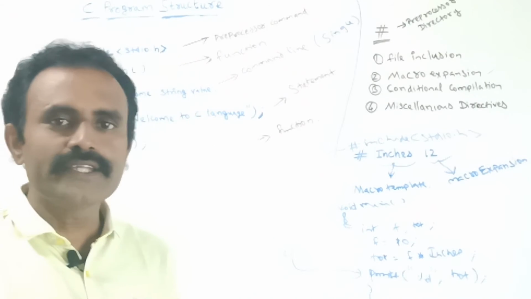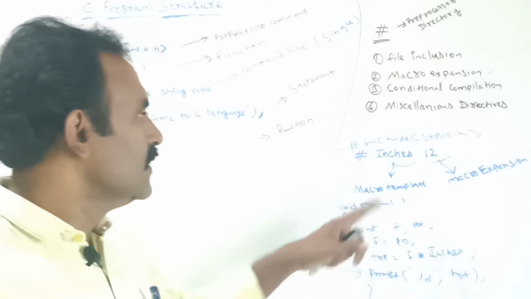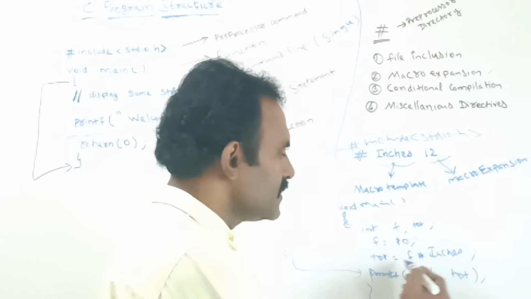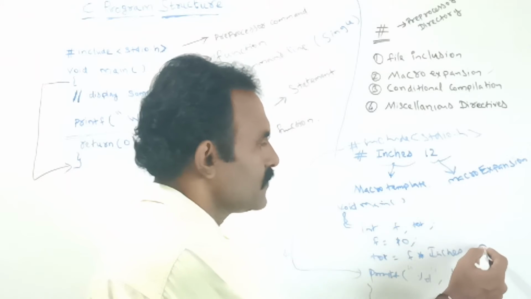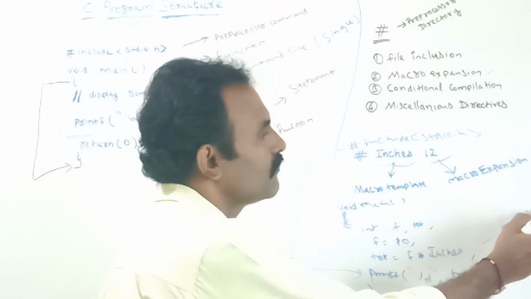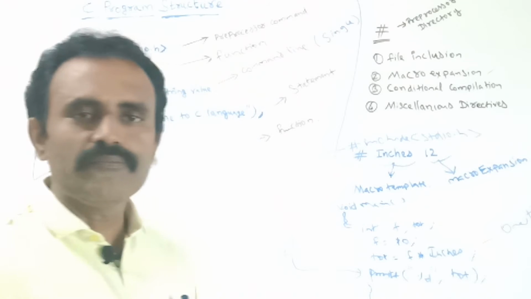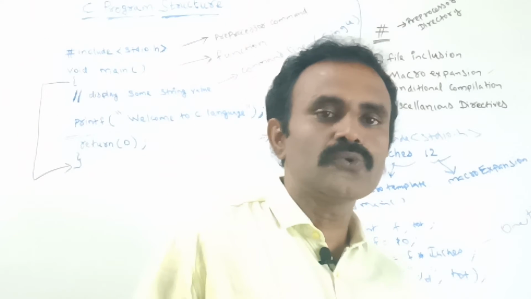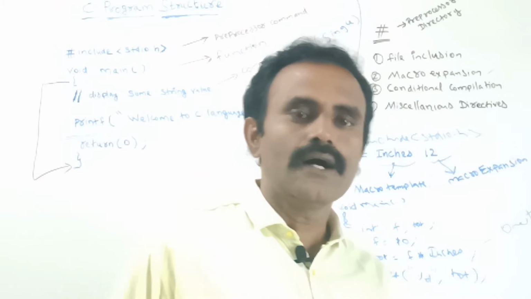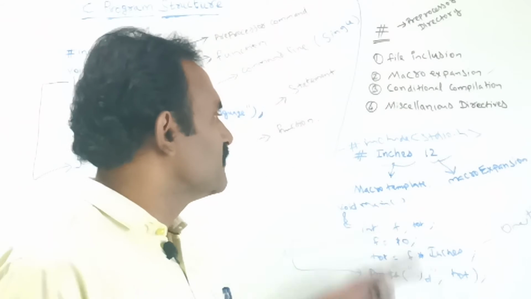If you are converting feet into inches, we can convert it this way. We have called this macro expansion only one time. In some programs, we need to call it multiple times, and at that time we can define it like this.